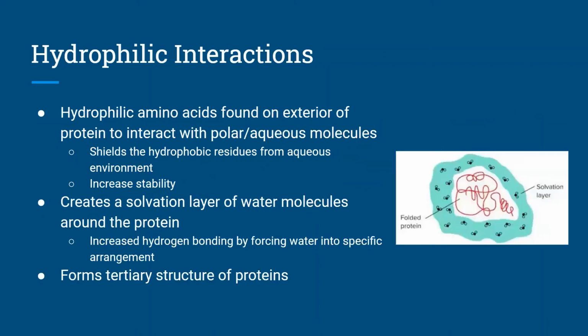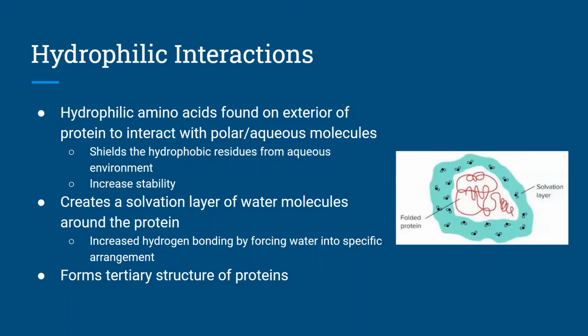On the other hand, there are hydrophilic interactions, where the hydrophilic amino acids are found, like I said, on the exterior of the protein. This is done in order to interact with the polar and aqueous molecules in the environment.